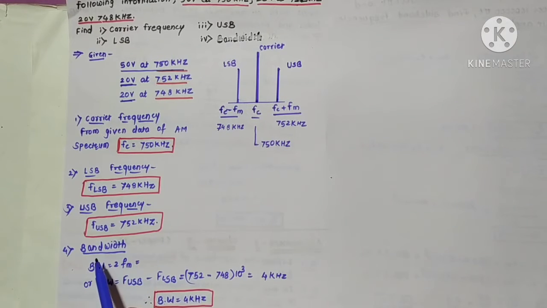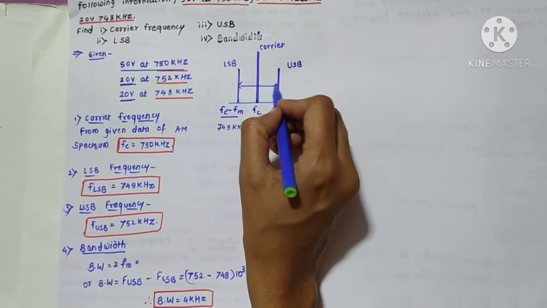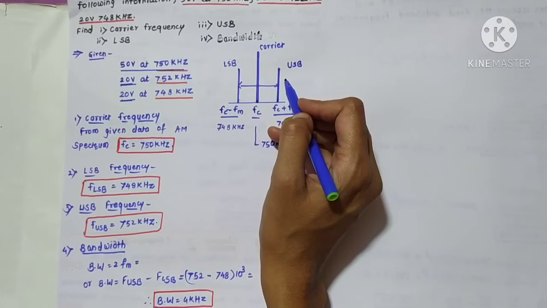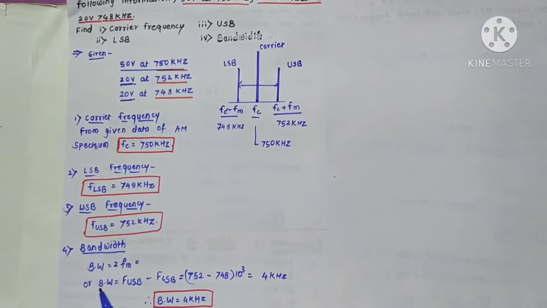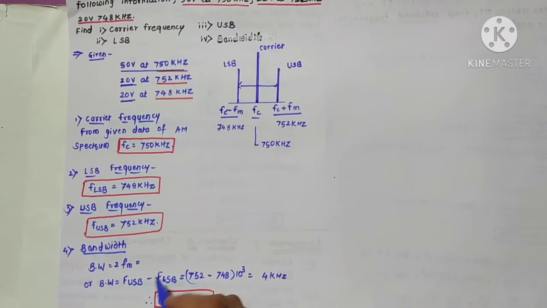the last term we have to find out is the bandwidth. This bandwidth is given by twice FM, or it is the band of frequencies from LSB to USB. In other words, the bandwidth is the difference of the frequency of the upper sideband and the frequency of the lower sideband.